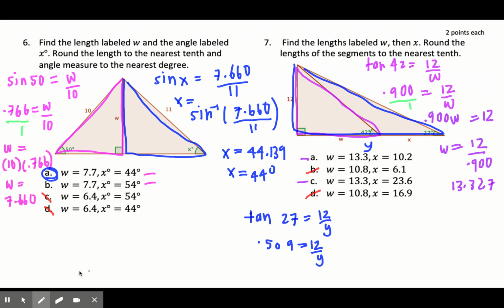And then you want to write that over 1. And then you cross multiply, and you get 0.509y equals 12. So then y equals 12 divided by 0.509.